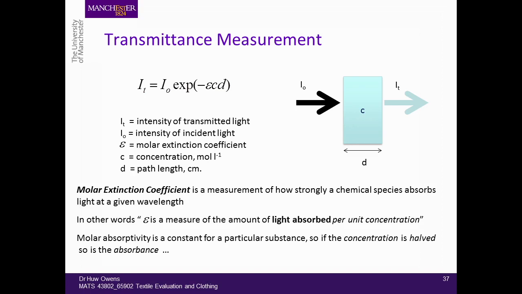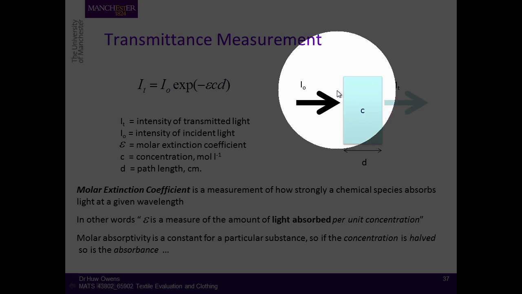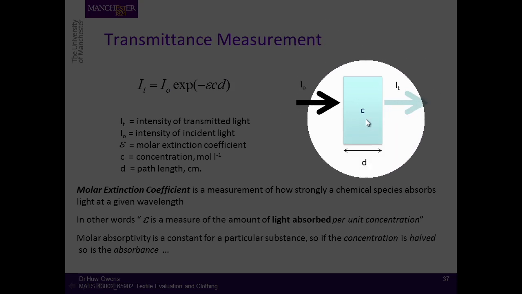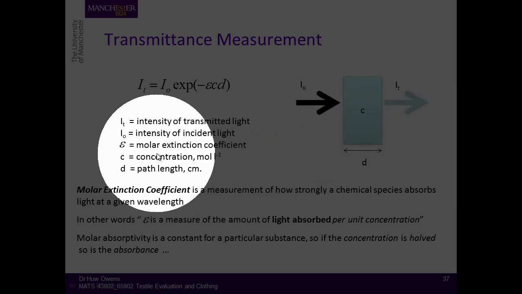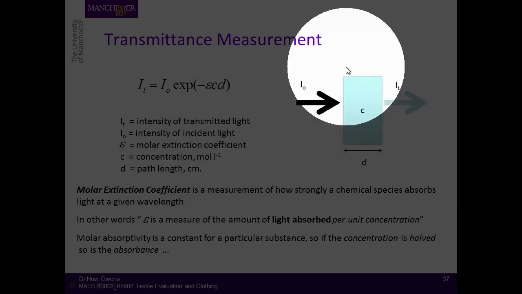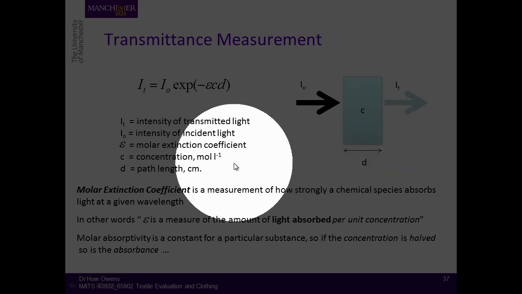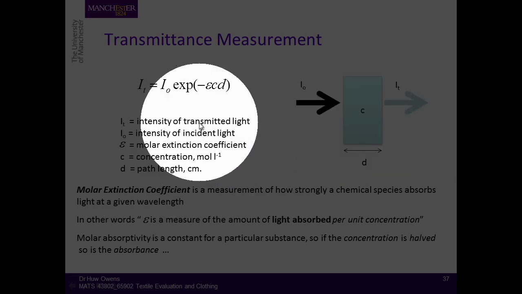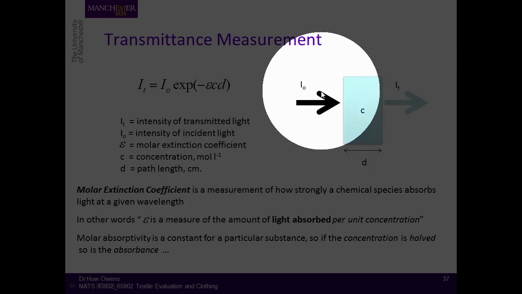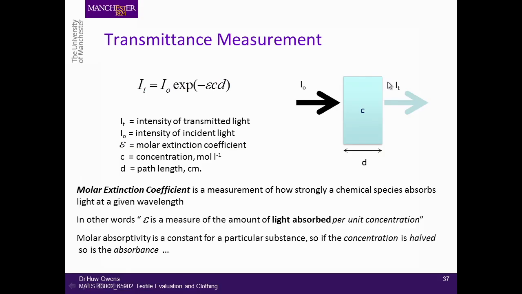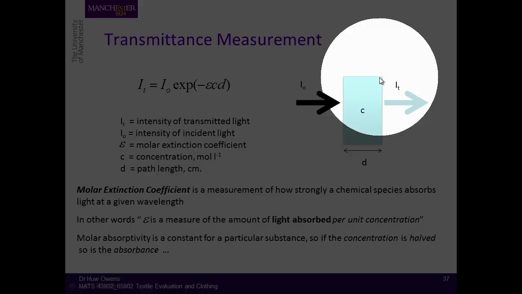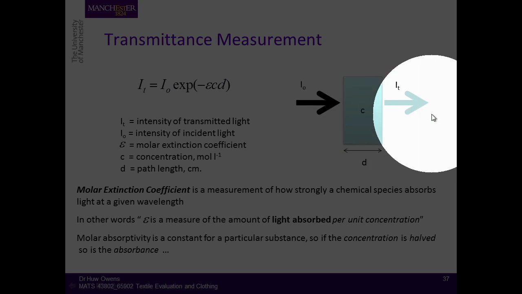So you'll see the coloured solution here, this blue block. We've got a concentration of our dye, and we've also got the distance that the light needs to travel through our piece of glassware. And then what's going to be measured is what's transmitted, what makes it through our coloured solution and out the other side.